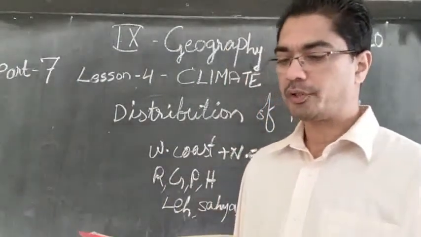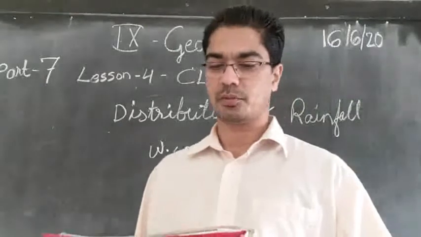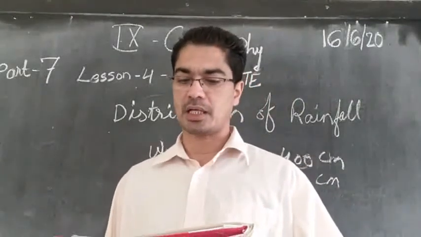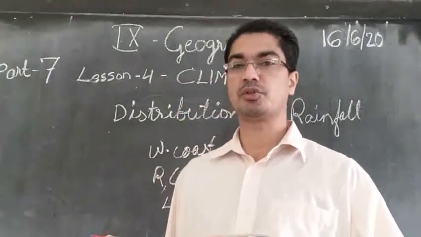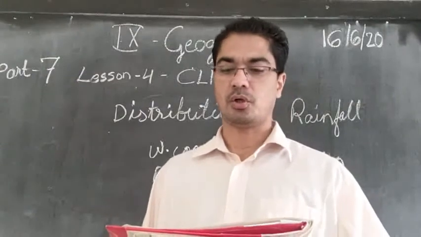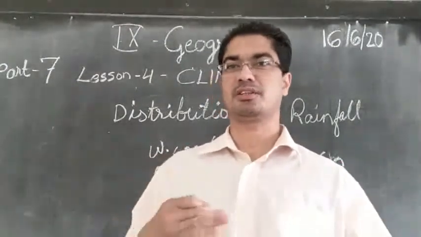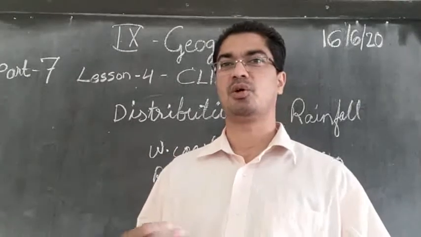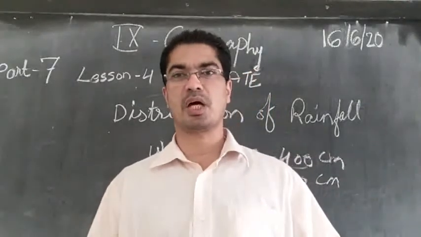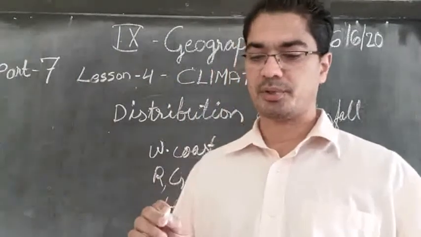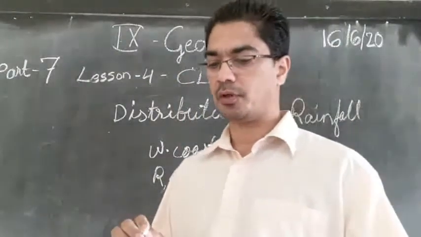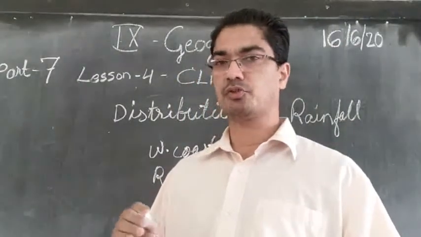So owing to the nature of monsoons, the annual rainfall is highly variable from year to year. We said the monsoon is irregular, there are monsoon breaks, all that. So, because of this irregularity, the annual rainfall is highly variable from year to year.